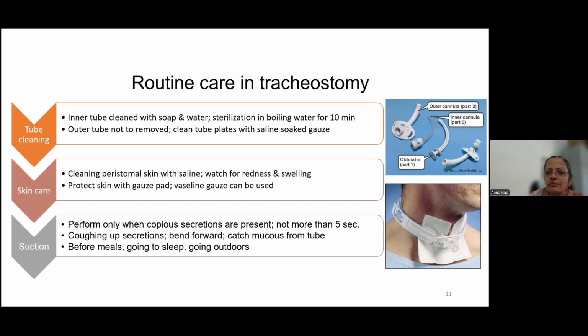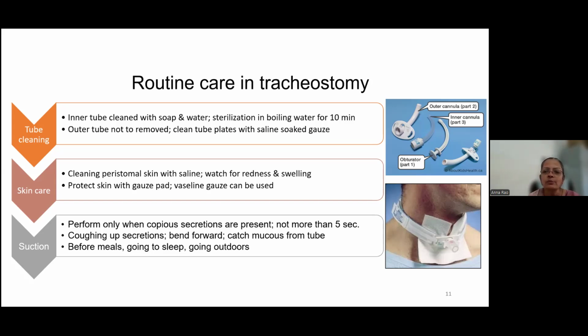And we should at the same time be gentle, not hard rubbing. Otherwise, it will cause more trouble to the skin. Then after cleaning, it should be dry, and then the dressing pad should be placed.